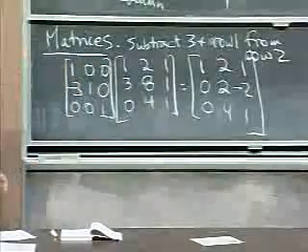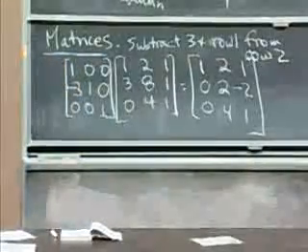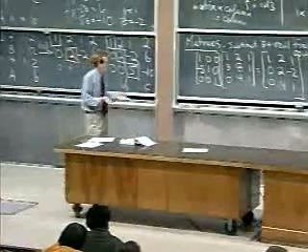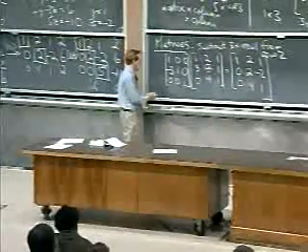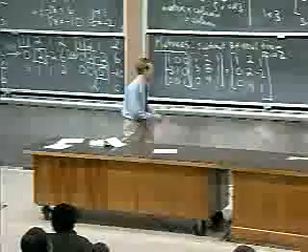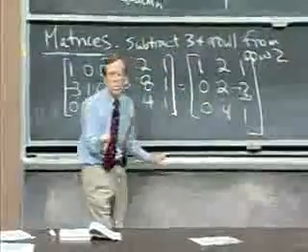Should we just check some particular entry? How do I check a particular entry of a matrix in matrix multiplication? Suppose I wanted to check the entry in row 2, column 3.